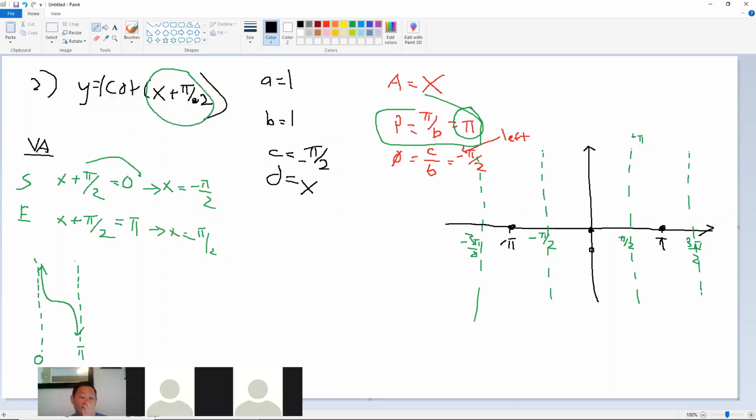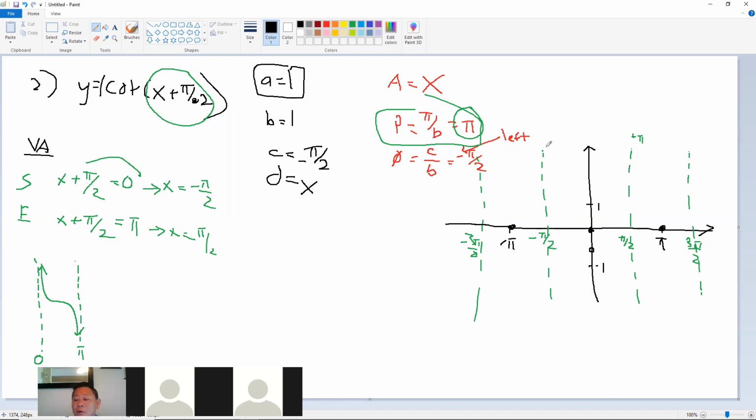The good news is your A is 1, so we do not need to do the transformation of flipping them around or moving them to 2 or 3. So this is still going to be 1 and negative 1 because your A is 1 here. So your graph will look very similar to the cotangent graph because there's no other transformation, as A and B are 1. So the only transformation is the move.